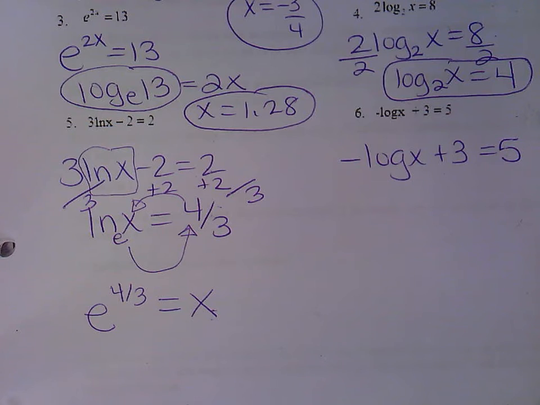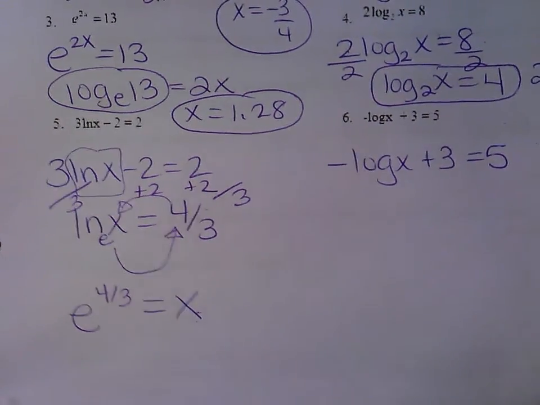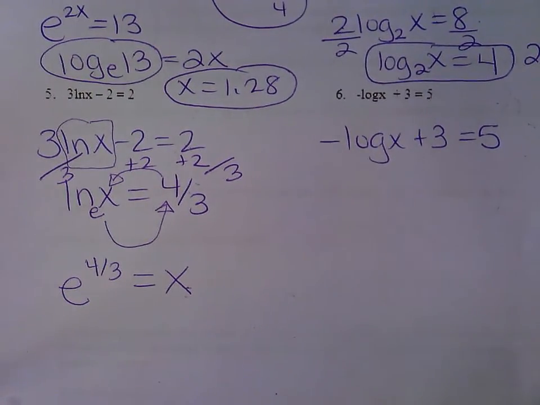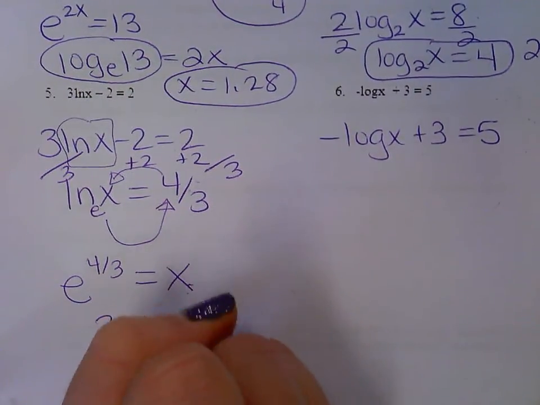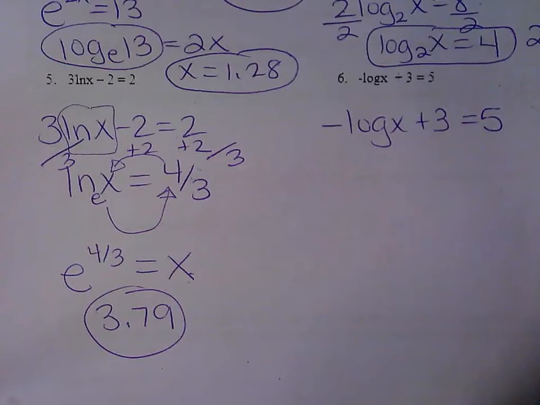They basically made it to be the inverse of this function. So they're functions that allow you to go forward or backward in an equation, to solve things. We haven't gotten to the applications yet, which I wanted to get to today, but what is e to the 4/3? 3.79. I'm not going to do a discussion currently, but we could talk about it later.